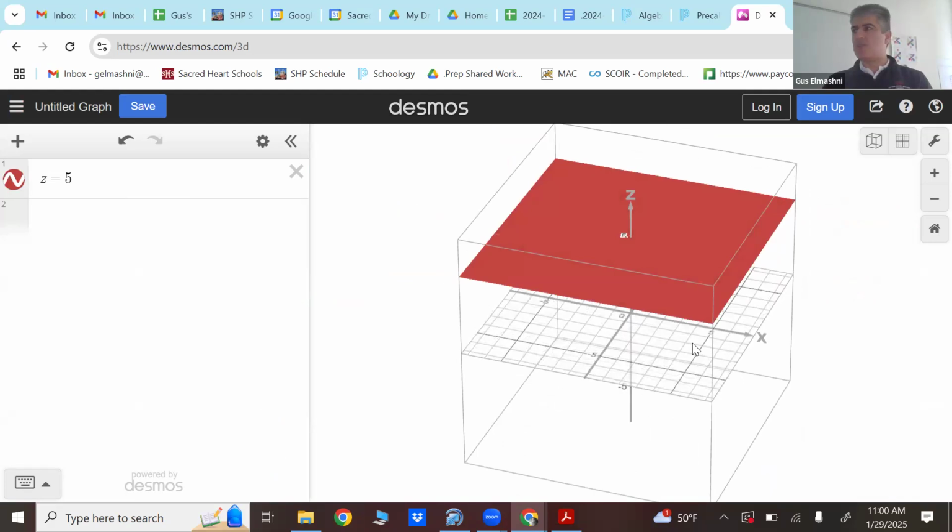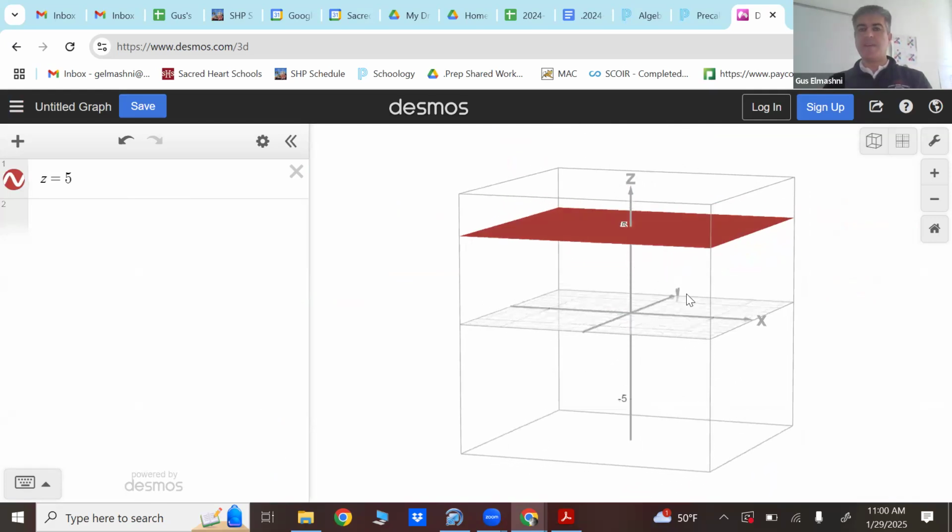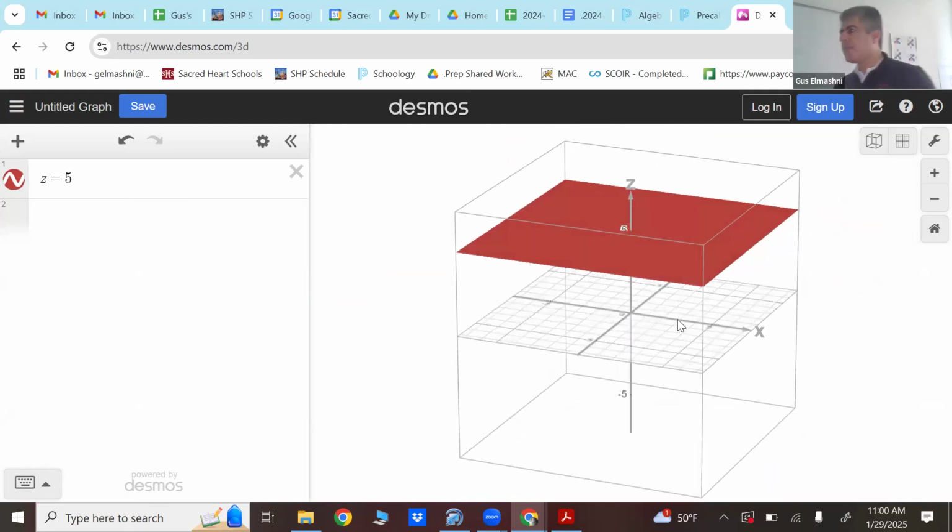Good. So what does this mean? This means all z values are 5. X, Y can be whatever you want. So it's like a piece of paper that just goes on forever, but it's always 5 units away from the origin on the z-axis. That's how you can think of it.